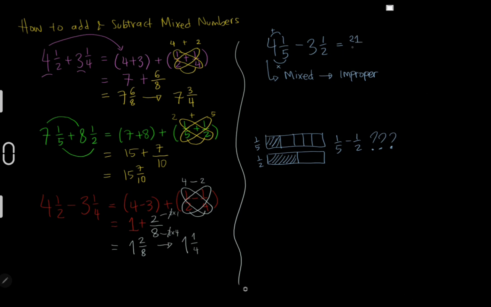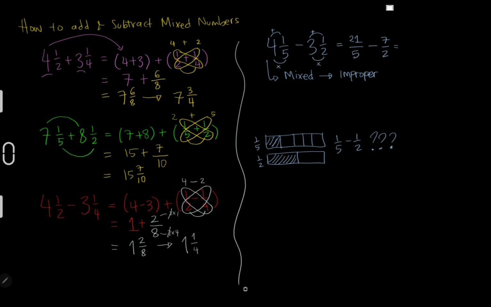So it's going to be 21 out of 5. Subtracted by, and then here is 3 times 2, which is 6. 6 plus 1 will be 7. So it's 7 out of 2. So we have it now as 21 over 5 subtracted by 7 out of 2.